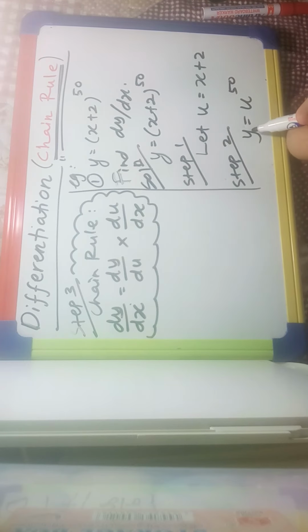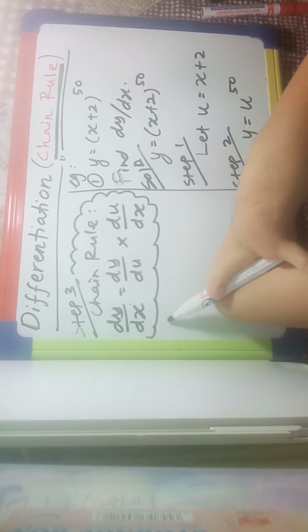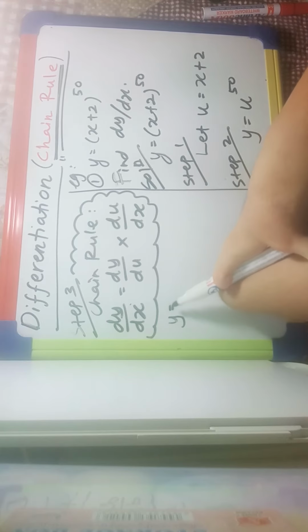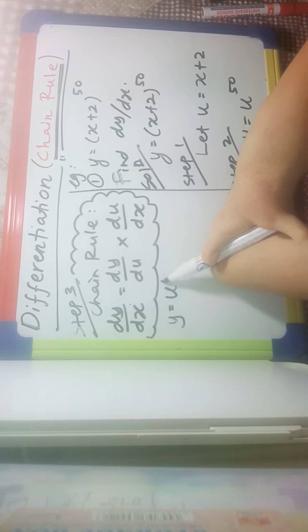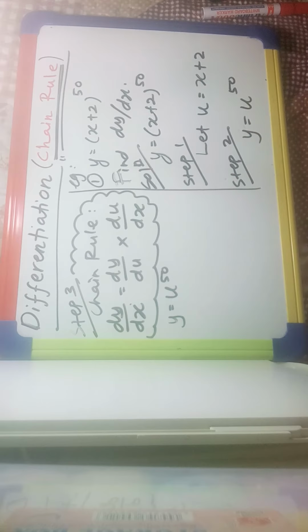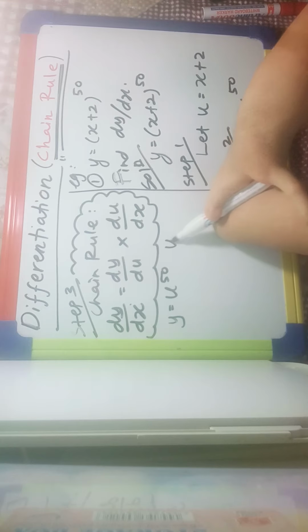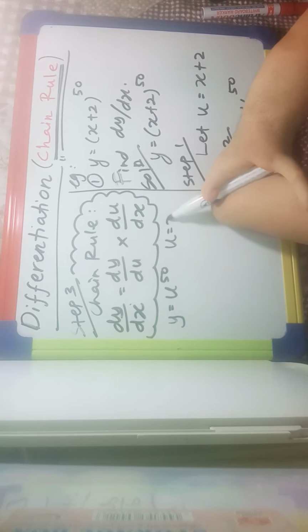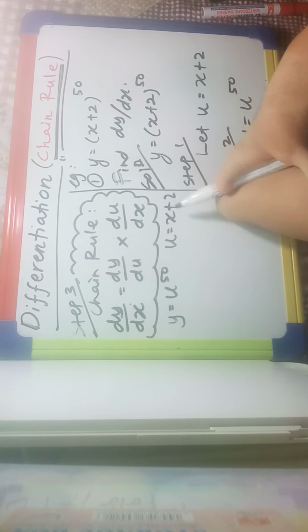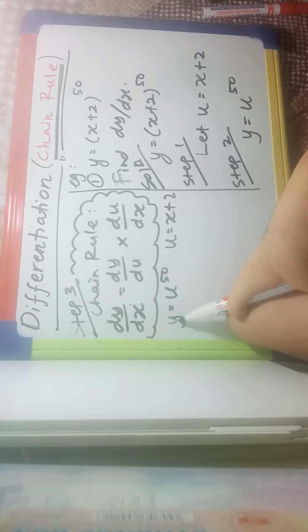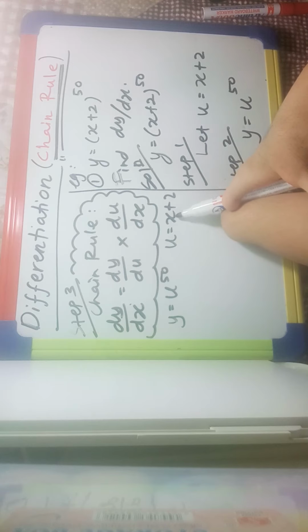From here we know that y equals u to the power of 50, and in step number 1 we know that u equals x plus 2. First equation, second equation.